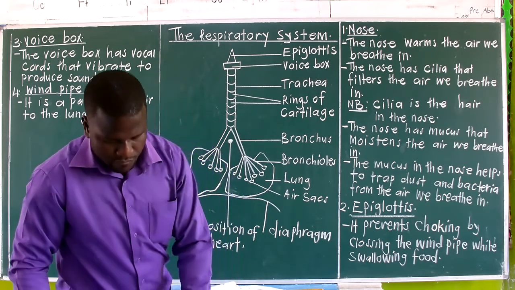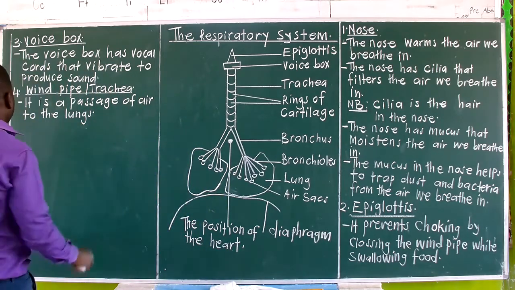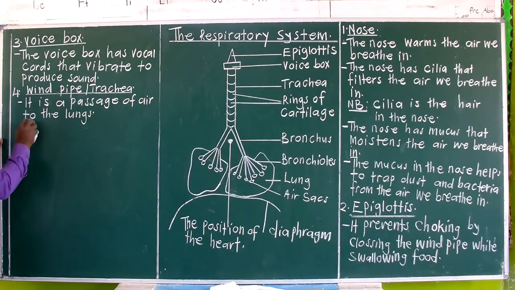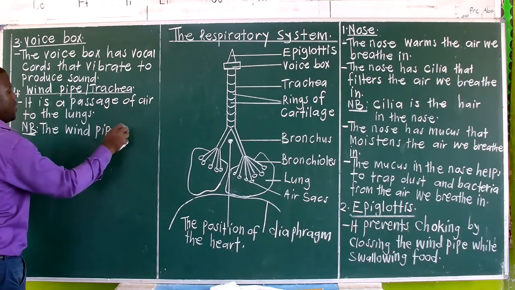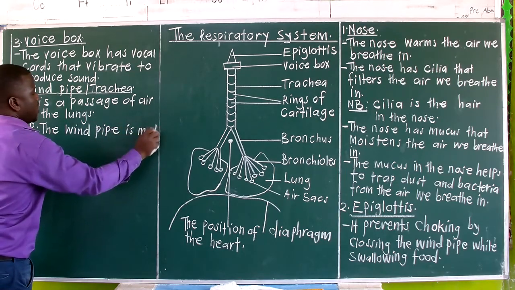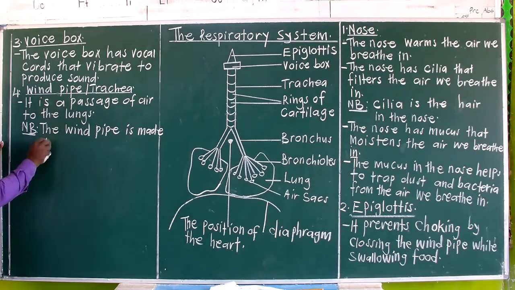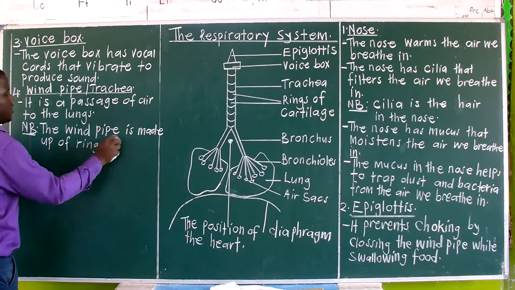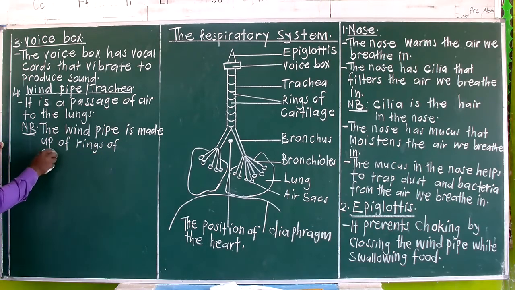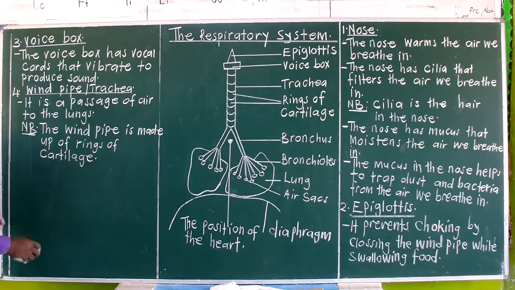Then the trachea is made up of rings of cartilage. The windpipe is made up of rings of cartilage. Why?